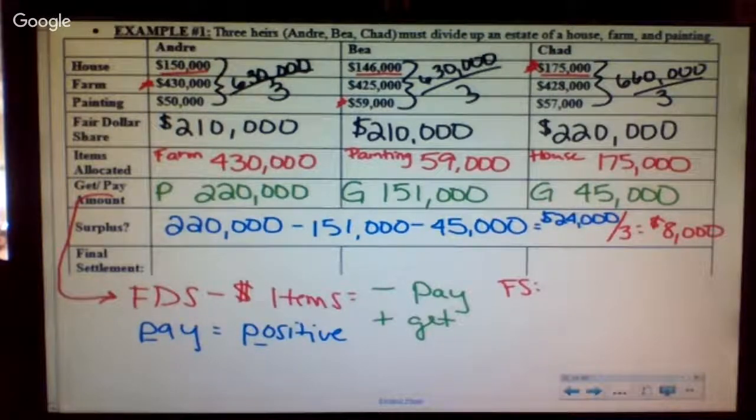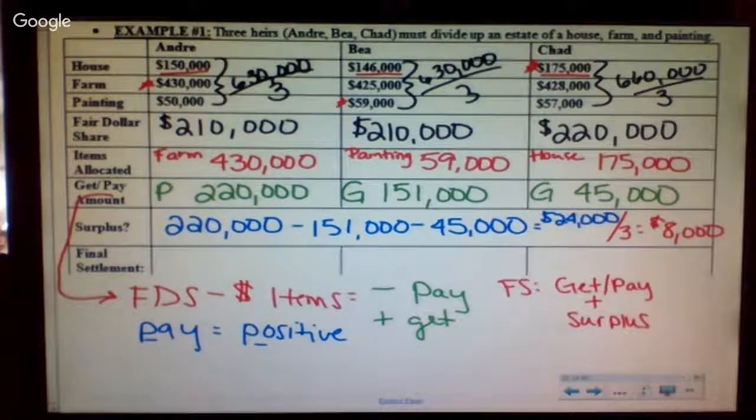Yeah. Are you sure? Okay, so to get your final settlement, to figure out what they end up with, you take your get pay amount and you add on your surplus. You heard me. Okay.